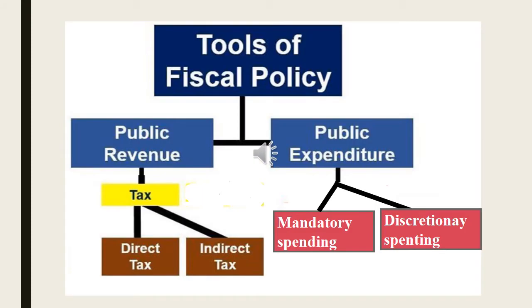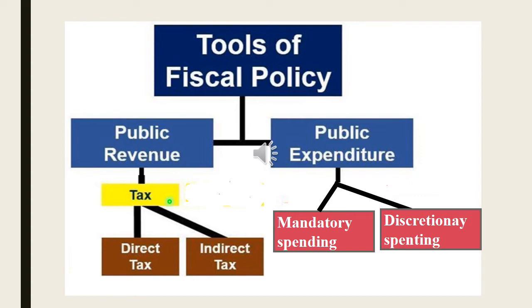Tools of fiscal policy can be summarized according to the structure that you all can see here. Tools of fiscal policy can be divided into two: public revenue and public expenditure. Public revenue, you all know, is accumulated through taxation.